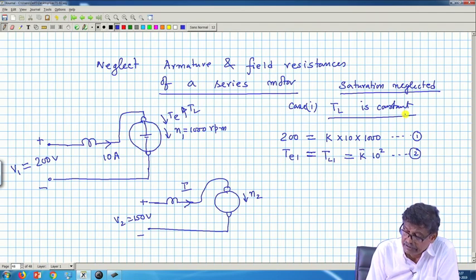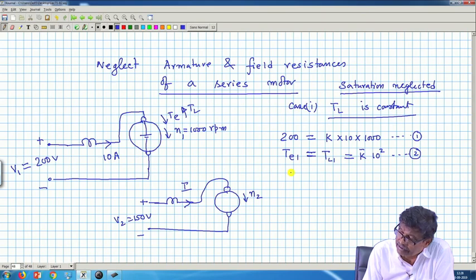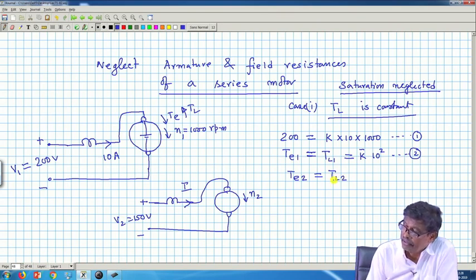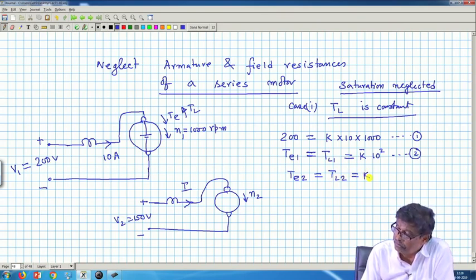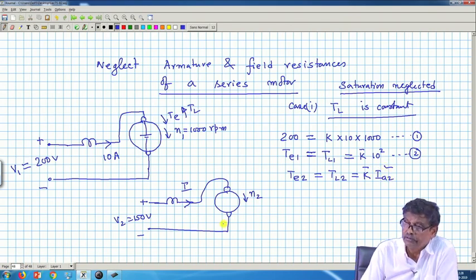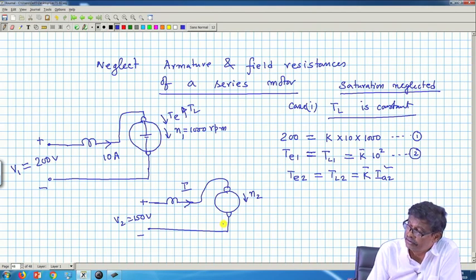So, how much current it is now going to draw from this supply if you have reduced the supply voltage to 150 volt, and what will be the new speed? Load torque TL2 is same as the previous load torque. So, first thing I will say that TE2 is equal to TL2 and it must be equal to K bar into IA2 square, is it? If load torque is constant, this is the thing.